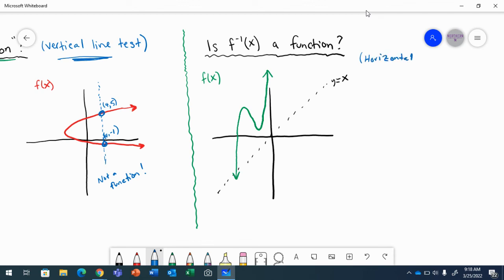The horizontal line test helps you test the original graph to determine if the inverse is going to be a function or not. So in this case, can I draw any horizontal lines through my graph that are going to hit more than one spot on that graph? And of course here I've got a horizontal line that hits 3 separate spots. So that implies that my inverse is not going to be a function.